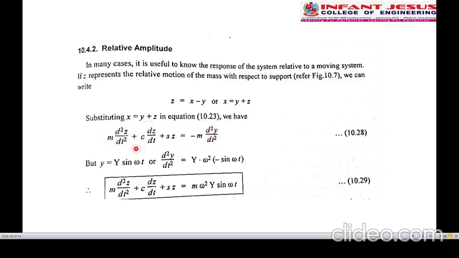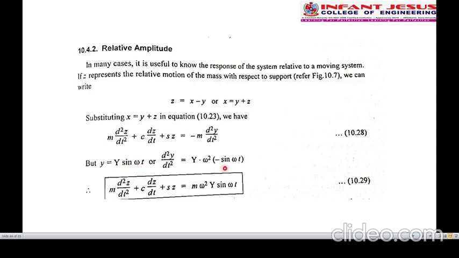In this equation, we are going to substitute for y as capital Y sin omega t. So the d square y by dt square, if we differentiate, the Y is constant, Y into sin omega t. Two times we have to differentiate. First it is cos omega t and the second time it is minus sin omega t.